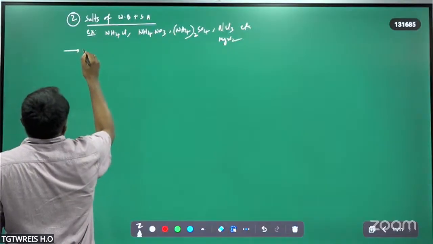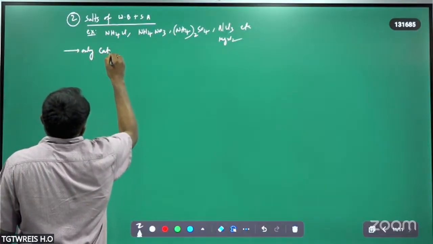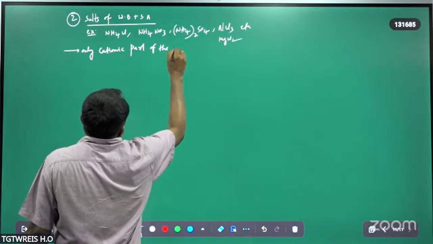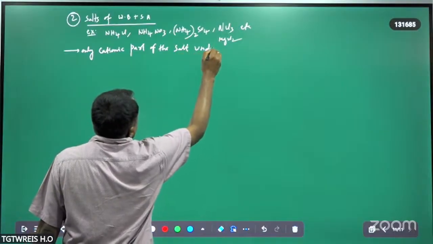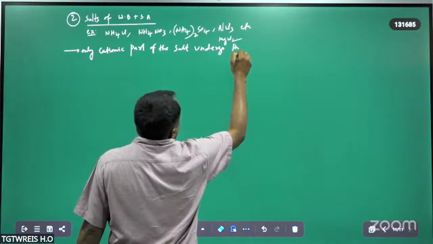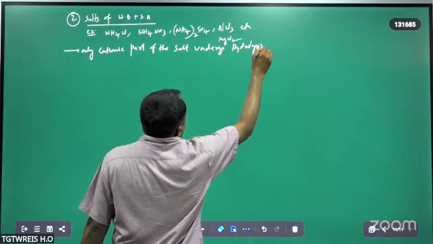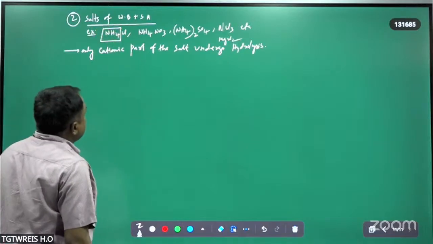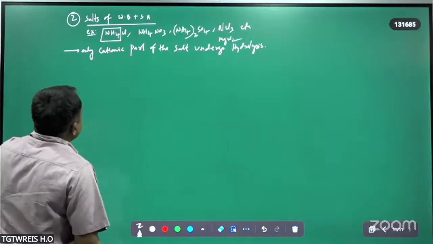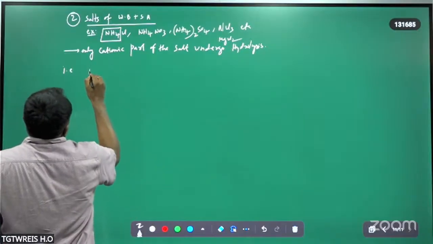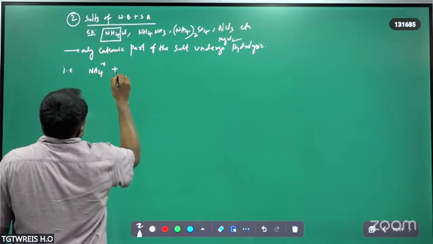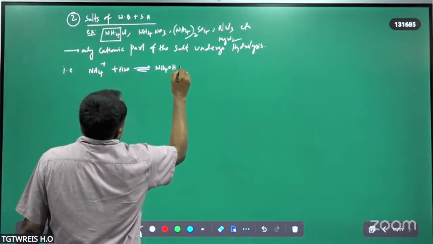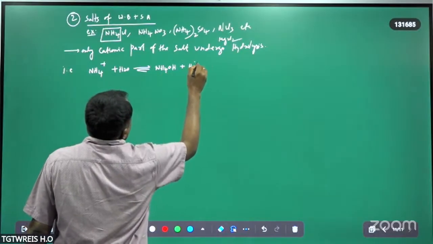In this, only the cationic part of the salt undergoes hydrolysis. What is the cationic part? This NH4 plus only undergoes hydrolysis, which is cationic hydrolysis. NH4 plus plus water gives rise to NH4OH plus H plus.